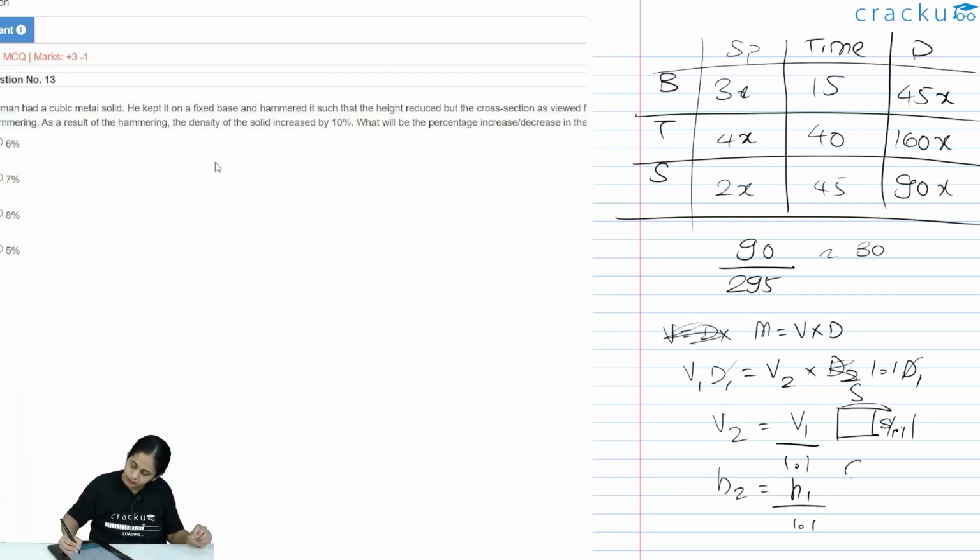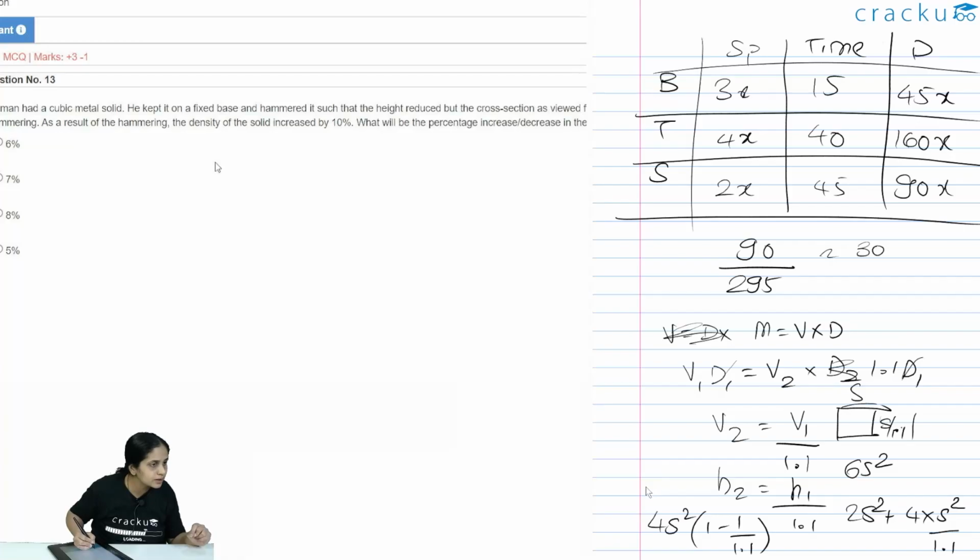So earlier the total surface area was 6 s square, now this is 2 s square plus 4 times s square into 1/1.1. So the difference is 4 s square into 1 minus 1 by 1.1. What is the percentage decrease in total area?